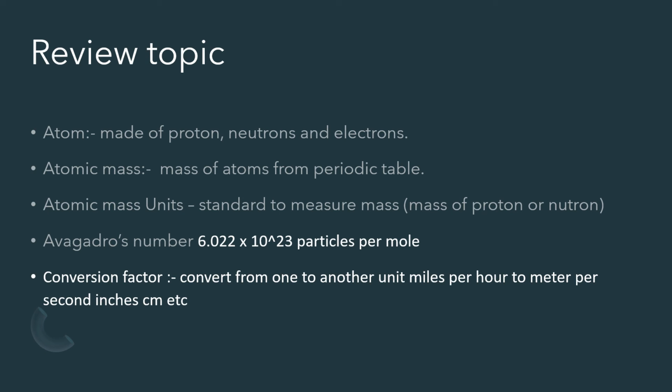And we also saw what is atomic mass, which is mass of an atom of any element. This you get from the periodic table. And we also saw what atomic mass unit is, which is the standard to measure, and it is nothing but mass of a proton or neutron. We also saw what Avogadro's number is, which is 6.022 into 10 to the power 23 particles per mole.